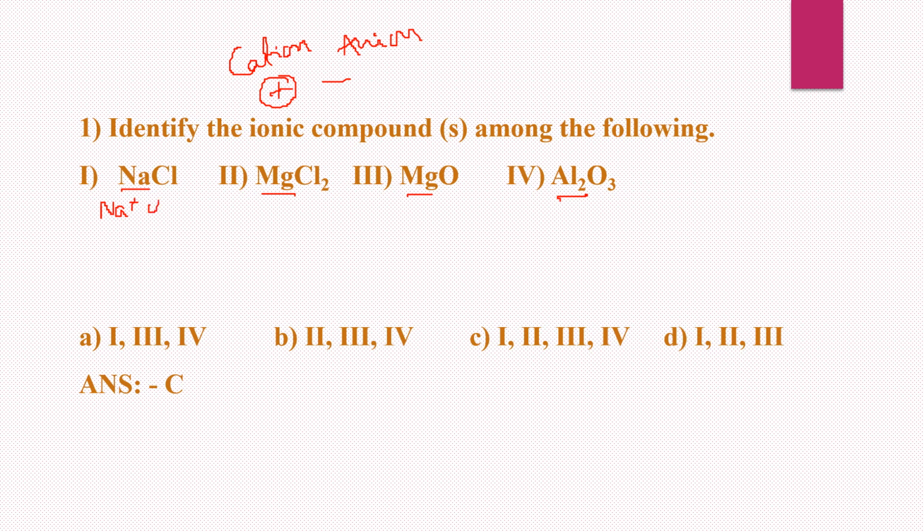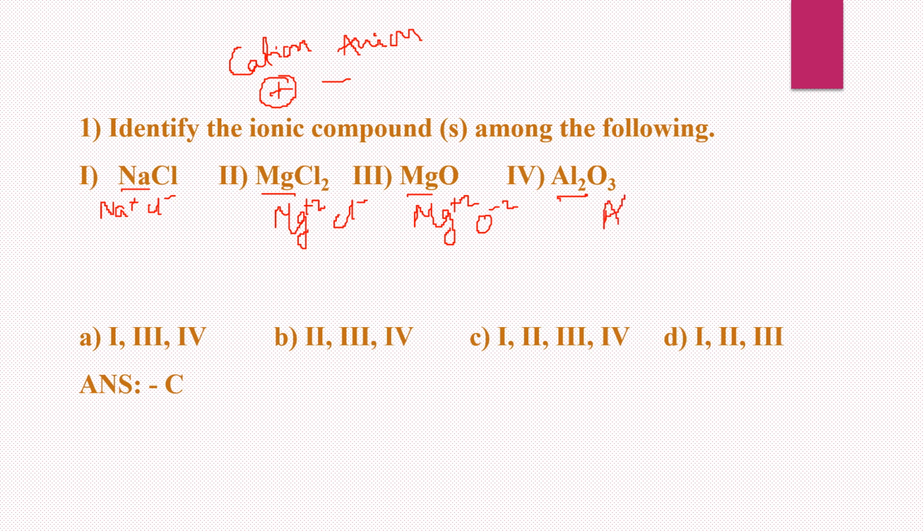Na plus and Cl minus, that is why this is the ionic bond. Then suppose you take magnesium chloride, Mg is plus 2 and Cl is minus, then this is also an ionic compound. Then what about magnesium oxide? Magnesium is plus 2 and oxide is O minus 2. Then this is also an ionic compound.